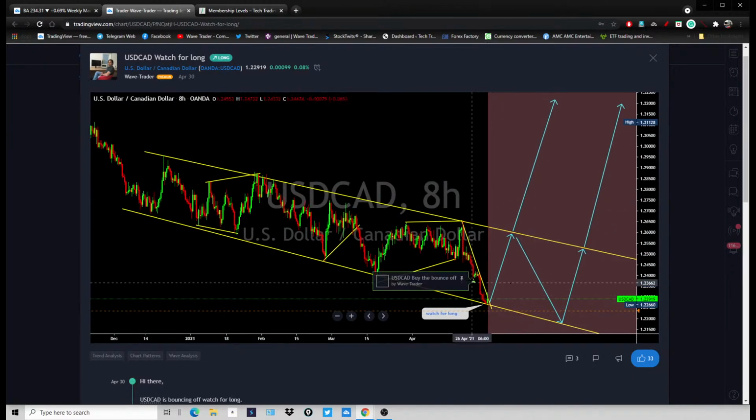Okay, so dollar CAD is also at a good spot to look for a reversal for the longer term. Right now CAD is still strong, as we already know the Bank of Canada has gone for tapering. We are also having some signs from the Fed that some Fed officials are thinking about tapering.